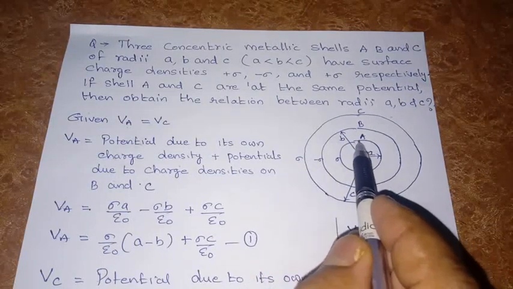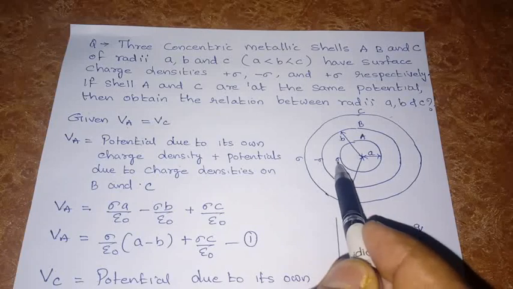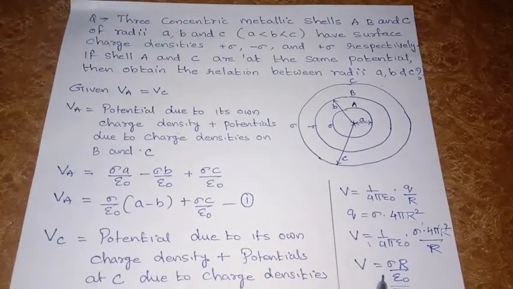This is the inner surface A. It has its own charge density sigma that creates a potential according to this equation we already studied.